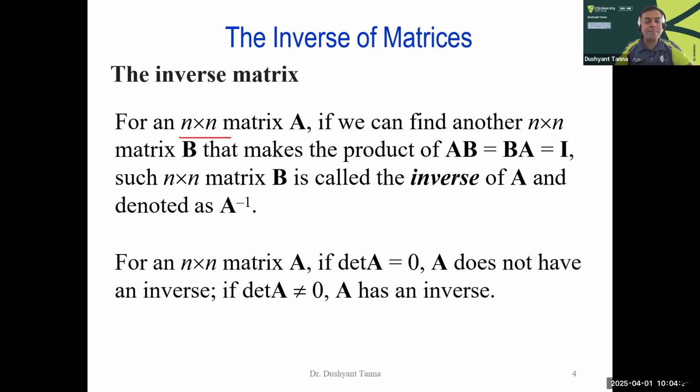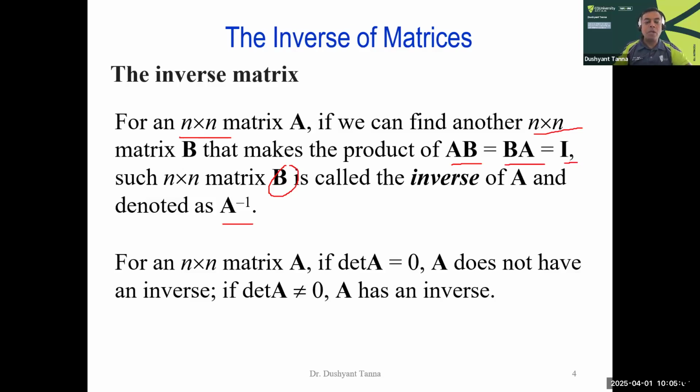So for any n by n matrix, if we can find another n by n matrix, matrix B, such that the multiplication of A and B, or B and A, is the identity matrix, then B is called the inverse of A, and is written as A inverse, not A power minus 1, but A inverse.